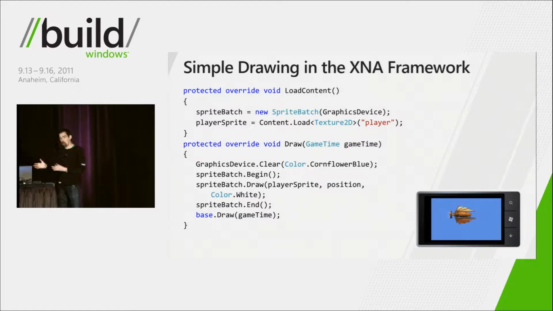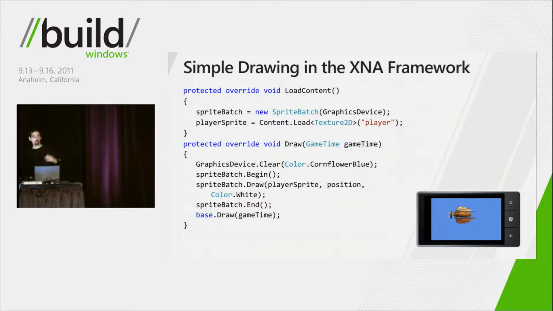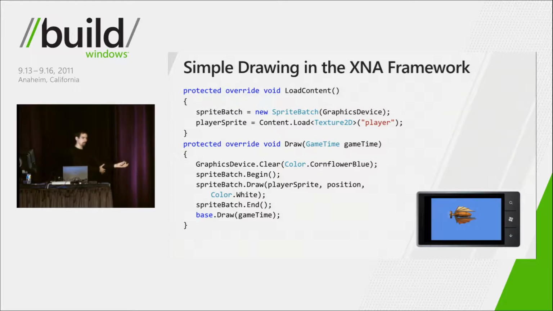So we're going to draw a very, very cool, sort of a golden steampunky ship on the screen. I love this. I totally didn't make this. This is an artist. I can't draw. But I can take something an artist gave me and put it on the screen. And this is how fast it is. The two methods that you interface with are load content and draw.